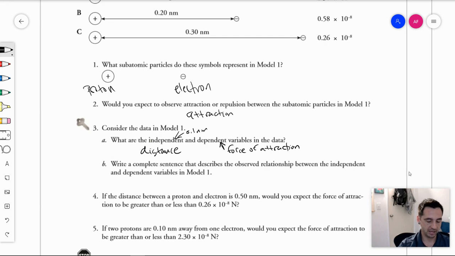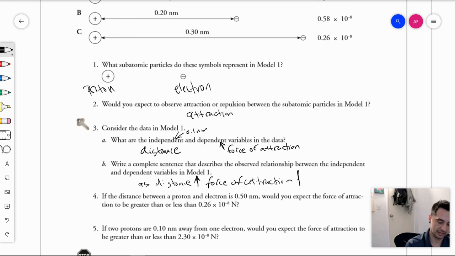Okay, write a complete sentence that describes the observed relationship between independent and dependent variable. As distance increases, force of attraction decreases.